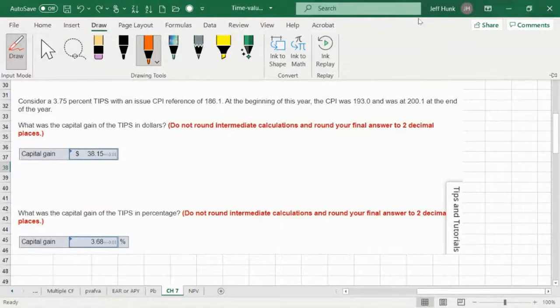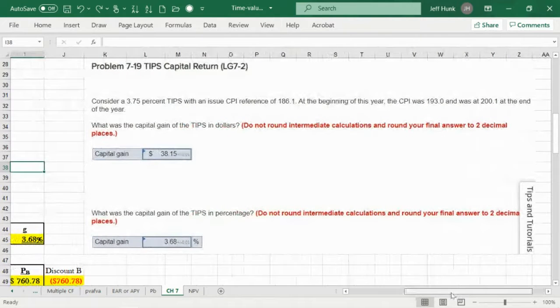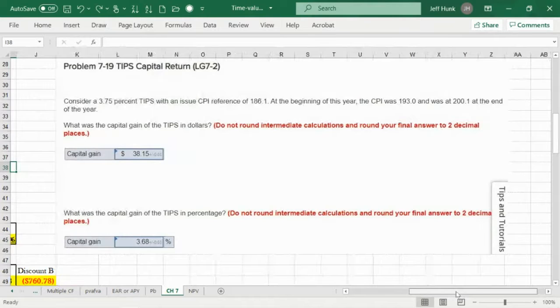So I'm not going to get to that. And there's also PCE, the personal consumption expenditure index. But CPI is the most widely used.